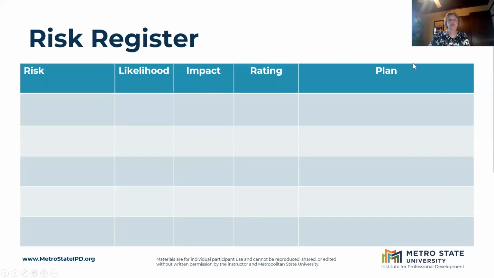when I do risk registers, I don't have this column visible during brainstorming, because as we've shown, people make the assumption that if it goes on the risk column, then they're going to have to come up with a plan for it. So maybe some people are like, oh, I don't want to have to deal with that, or if I bring it up, I'm going to get that assigned to me.